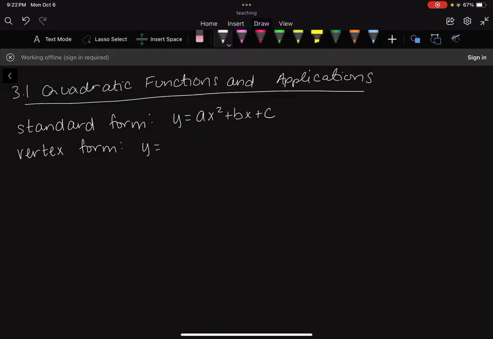Y equals a times, technically, x minus h squared plus k. Now, sometimes you can maybe see a b in front of that x. We won't see that in our section because we would factor out the b if we needed to.